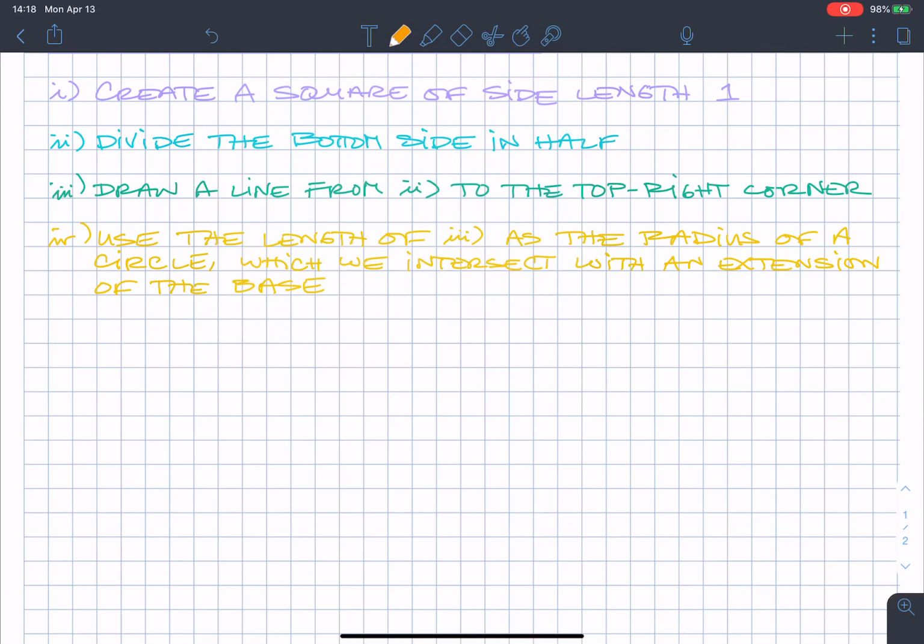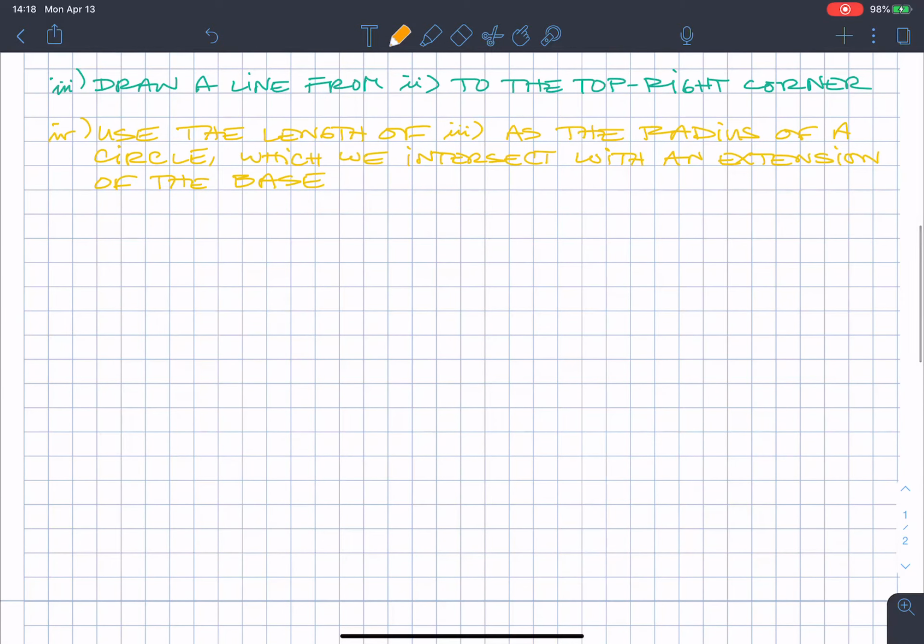Okay. Number 5, the point of intersection.